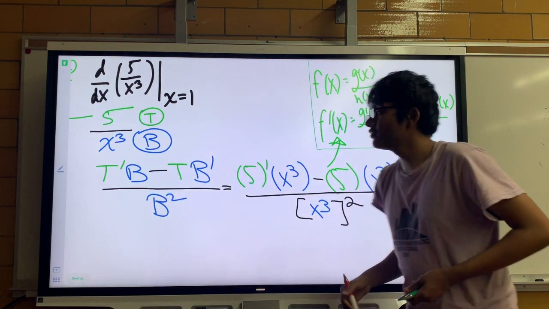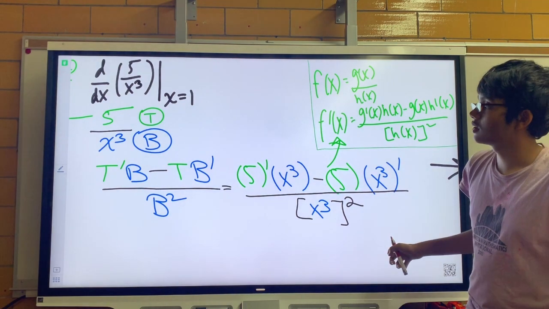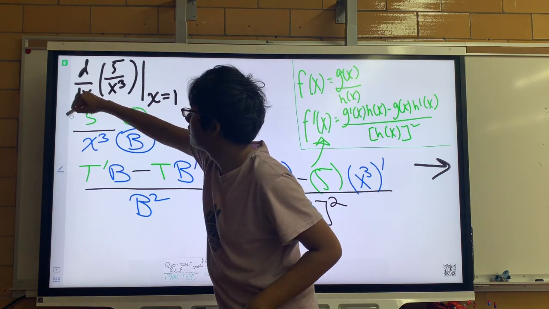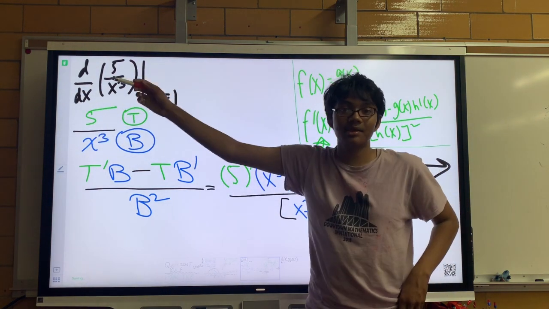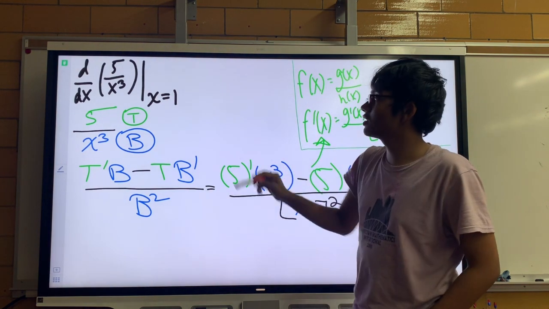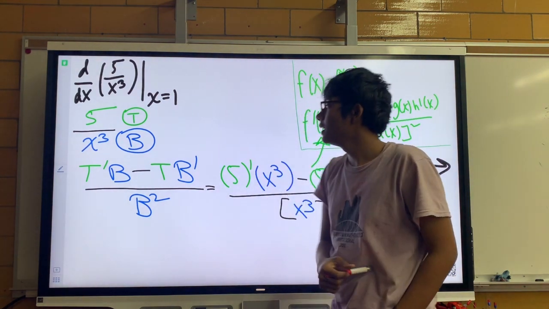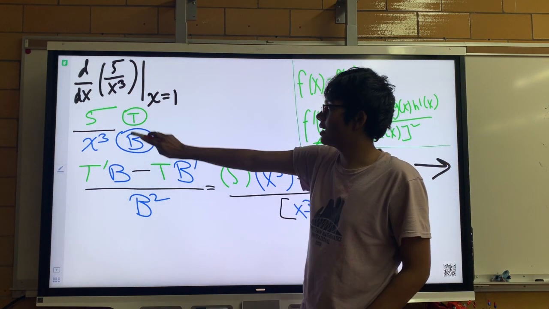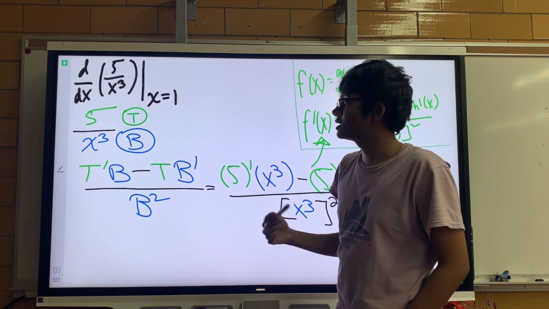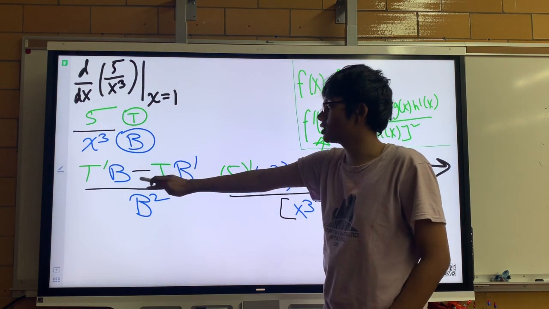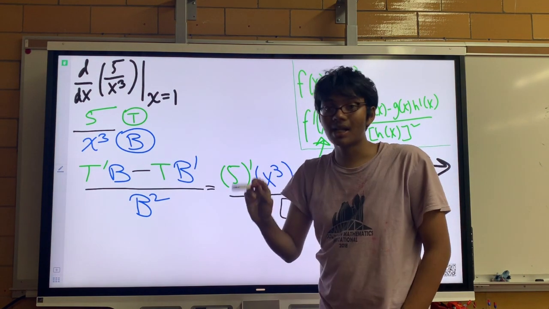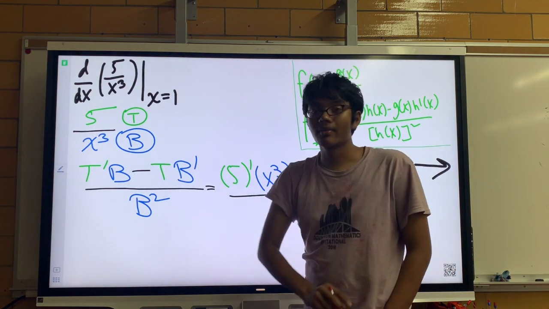Okay, so I've color coded everything so you folks can understand. I'm being asked to take the derivative of this function, 5 over x cubed, so that I can find the equation of the tangent line at x equals 1. Now, I've established that 5 is my top, x cubed is my bottom. And I know the quotient rule tells me that the derivative of any quotient is the derivative of the top times the bottom minus the top times the derivative of the bottom over bottom squared.